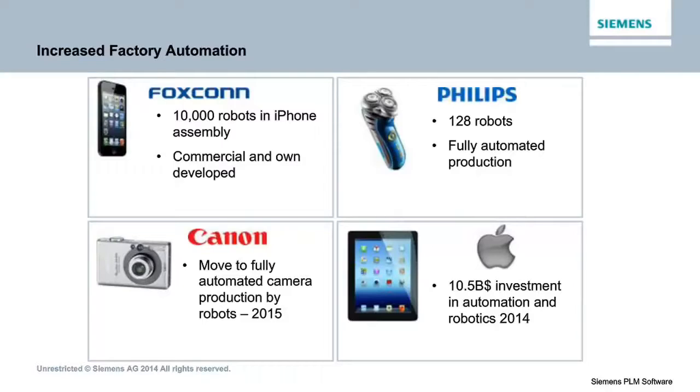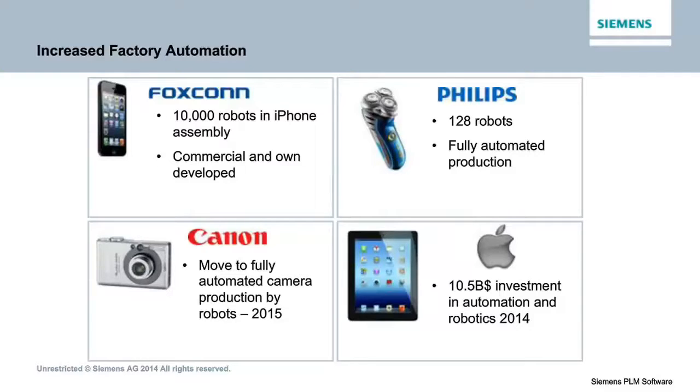Philips in the Netherlands is actually the pioneer of using robots for assembly operations. The shaving machine is manufactured completely automatically by robots and by manipulators. They have over 100 robots in the production line. Canon recently declared that they are going to move to a fully automated production for one of their camera lines in Japan.